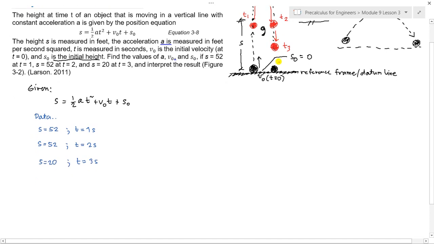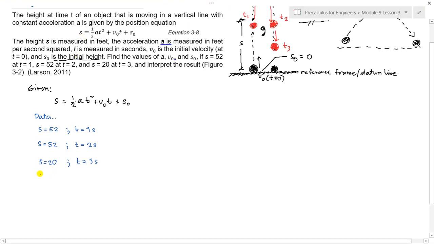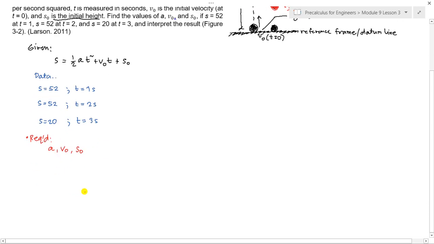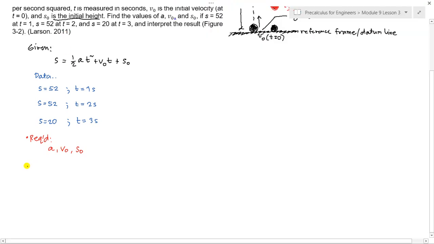And then, solve for, so ang required here, we're going to solve for the acceleration, velocity, and the initial height, s naught. So, pila atong unknowns ani class? Class, pila ka unknowns?